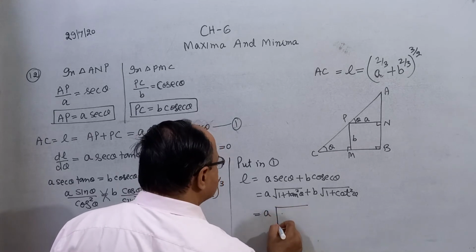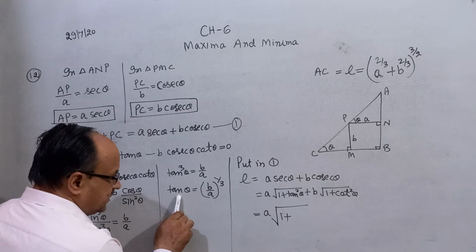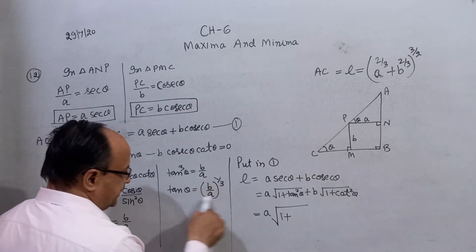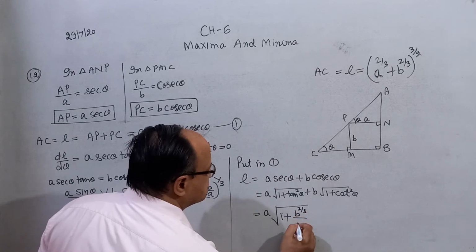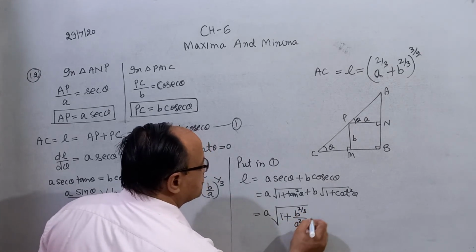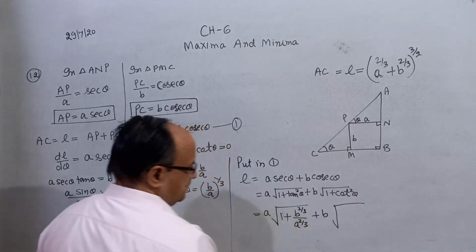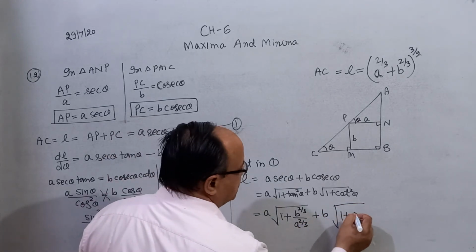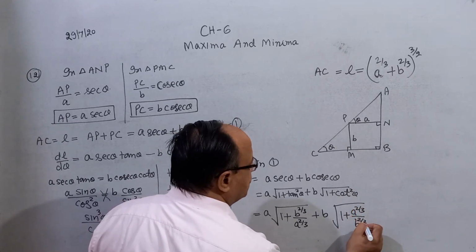Put the value of tan theta, and squaring it, you can write b to the power 2 by 3 upon a to the power 2 by 3 plus 1. Similarly here, 1 plus a to the power 2 by 3 upon b to the power 2 by 3.